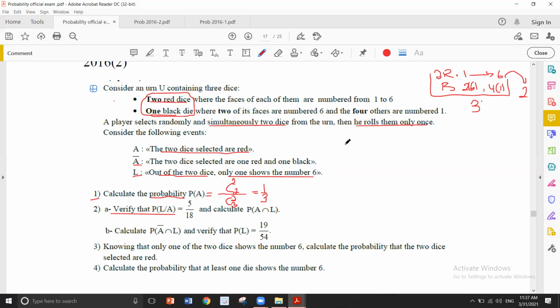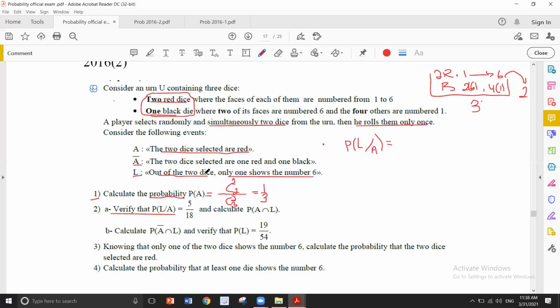Now, what is the probability of L given A? What does it mean? Who can explain it? A is given means we select 2 red dice.